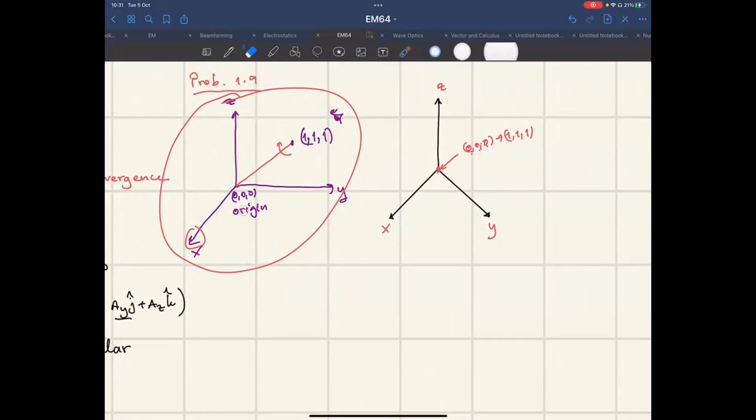Let me delete this, and let's put this thing at O, the origin. Now if we put this back here and project it on the XY plane, what we have here is this one.